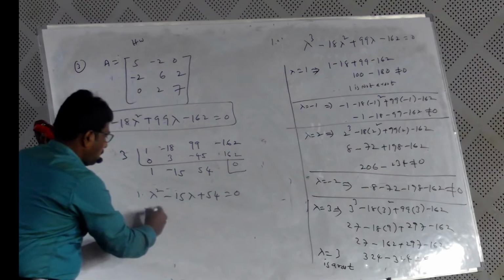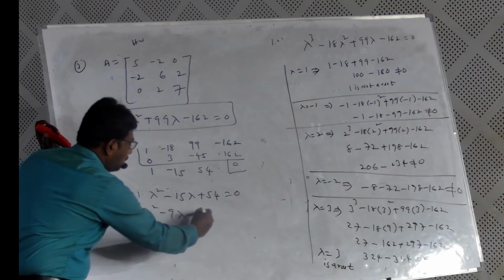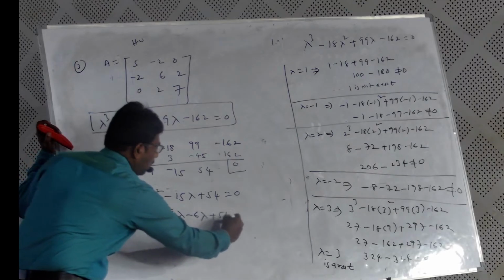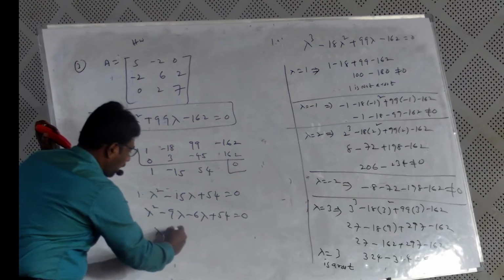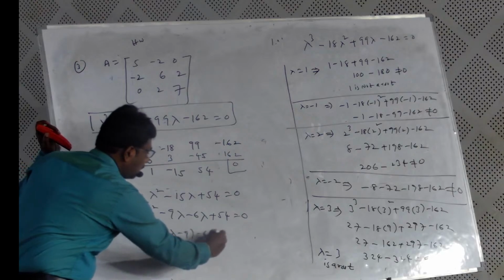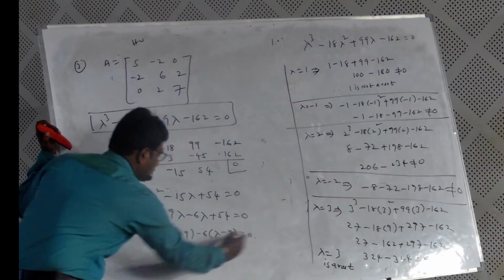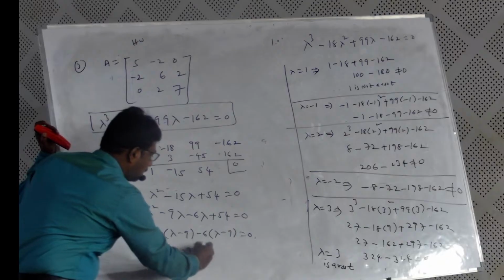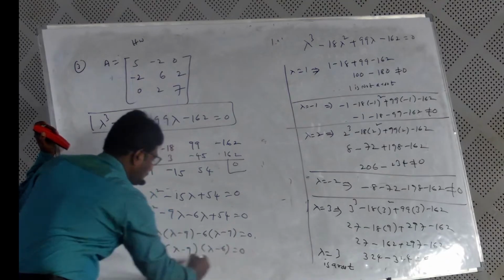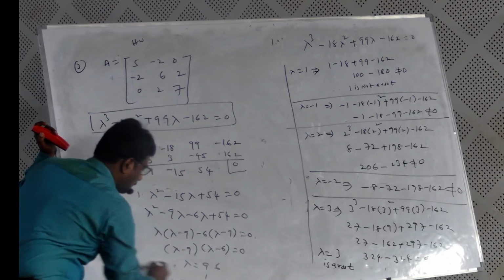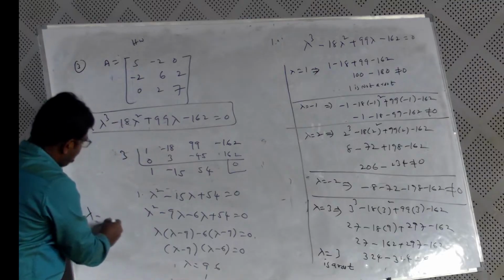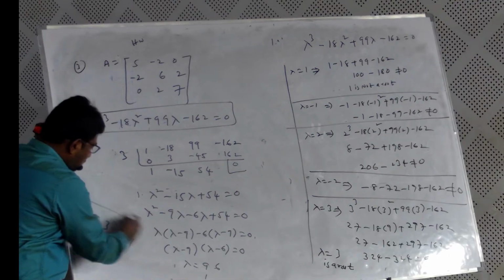Lambda square minus 9 lambda minus 6 lambda plus 54. Lambda common, lambda minus 9; minus 6 common, lambda minus 9. Lambda minus 9 common, lambda minus 6, so lambda equals 9, 6. Therefore finally lambda equals 3, 6, 9.